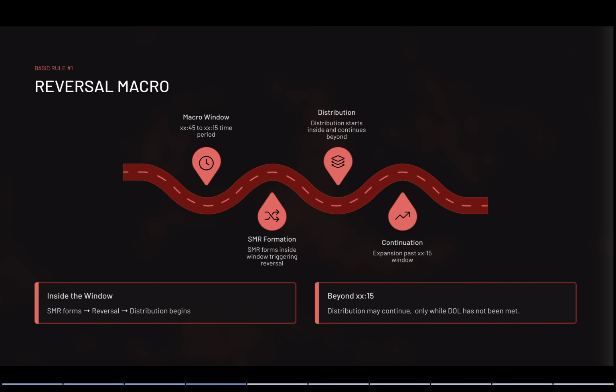Because the macro itself created the reversal, I can execute inside the macro or outside the macro as long as the DOL has not been met. The last condition matters. I am not extending permission after the drawn liquidity has been delivered, but my execution is not automatically invalidated just because the clock goes past XX15.